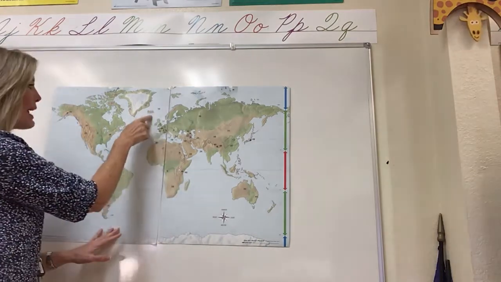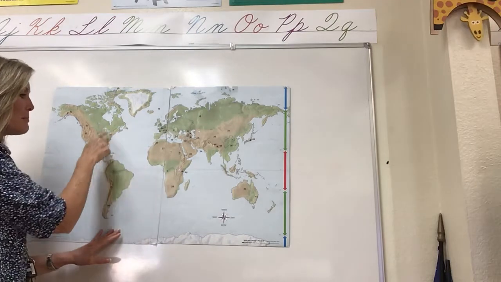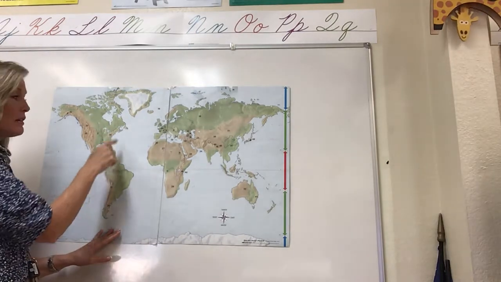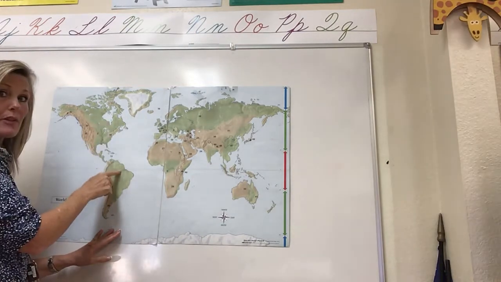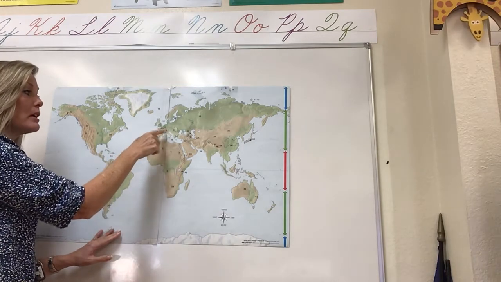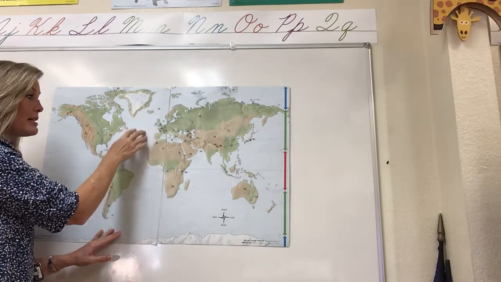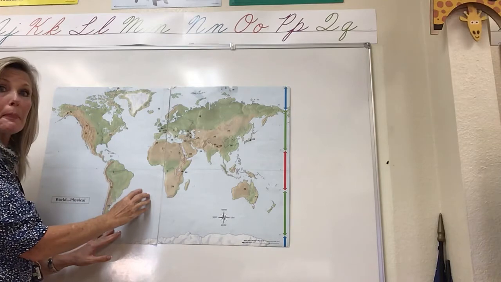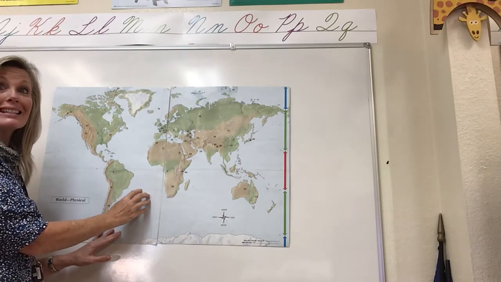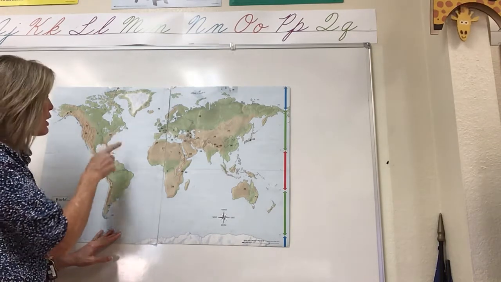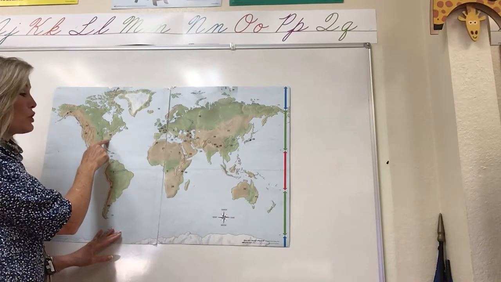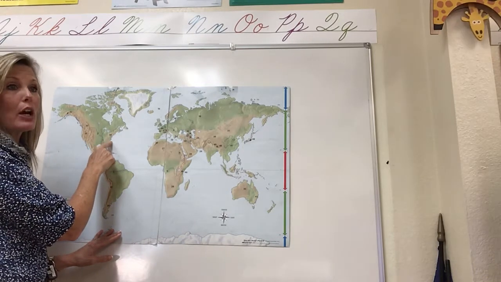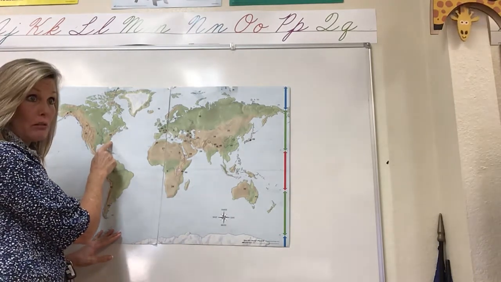Okay, then we have this one that separates the Americas, North America, South America, from Europe and Africa. And what is this ocean here? Atlantic. If you go to the beach from West Virginia, you will probably go to the Atlantic Ocean.